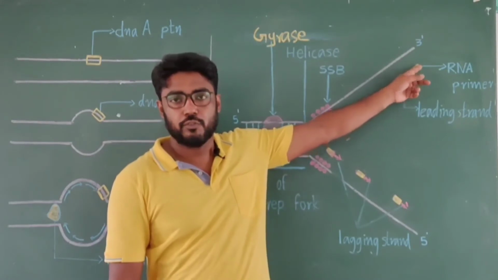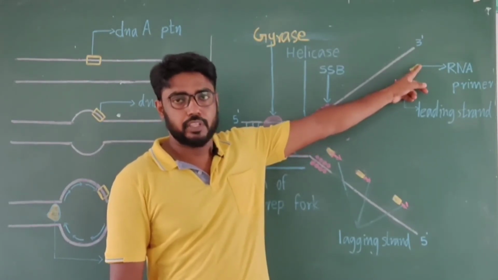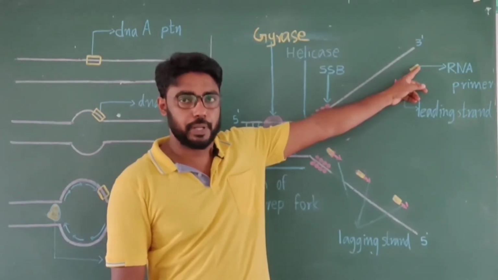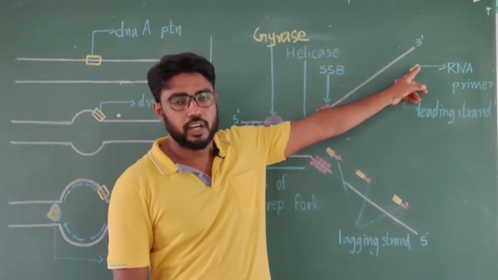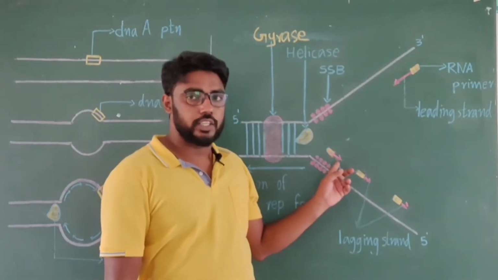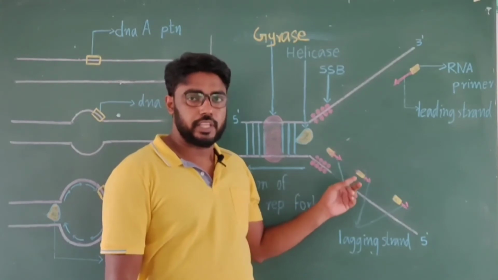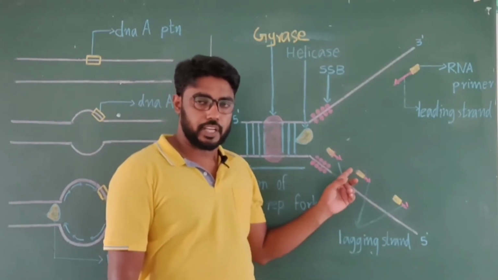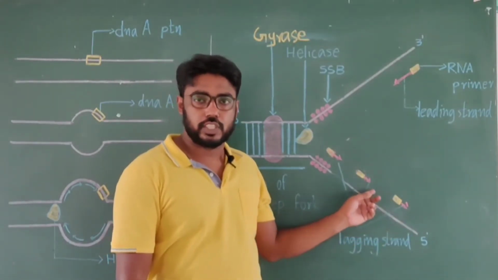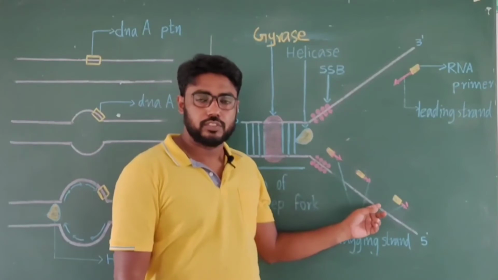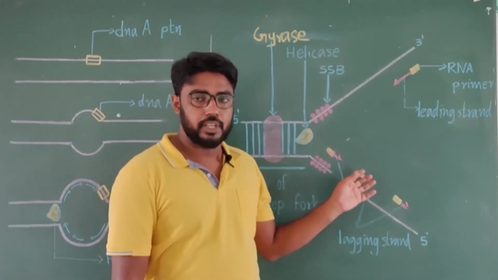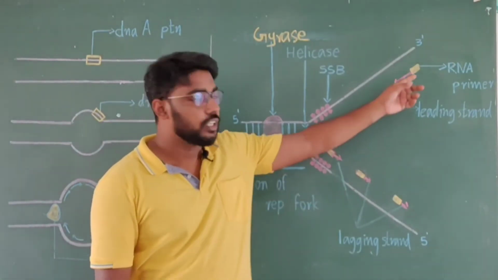Here you can see an RNA primer. This RNA primer is synthesized by the enzyme DNA primase. Here only one RNA primer will be there, and here many RNA primers will be there, also synthesized by DNA primase.